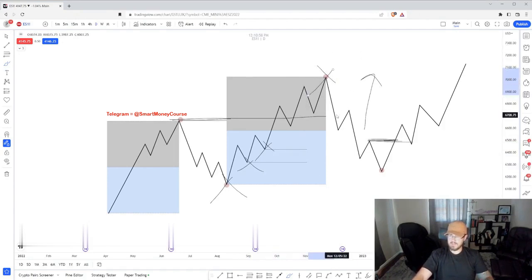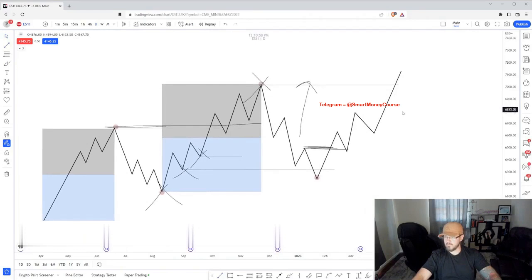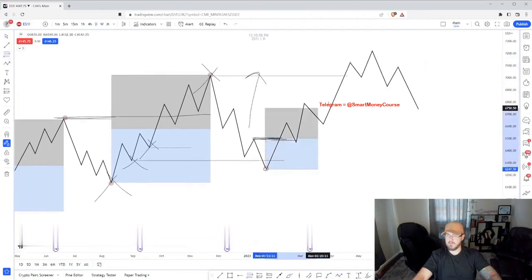Another saying a lot of people use is that price moves from internal liquidity to external liquidity, and then back to equilibrium.